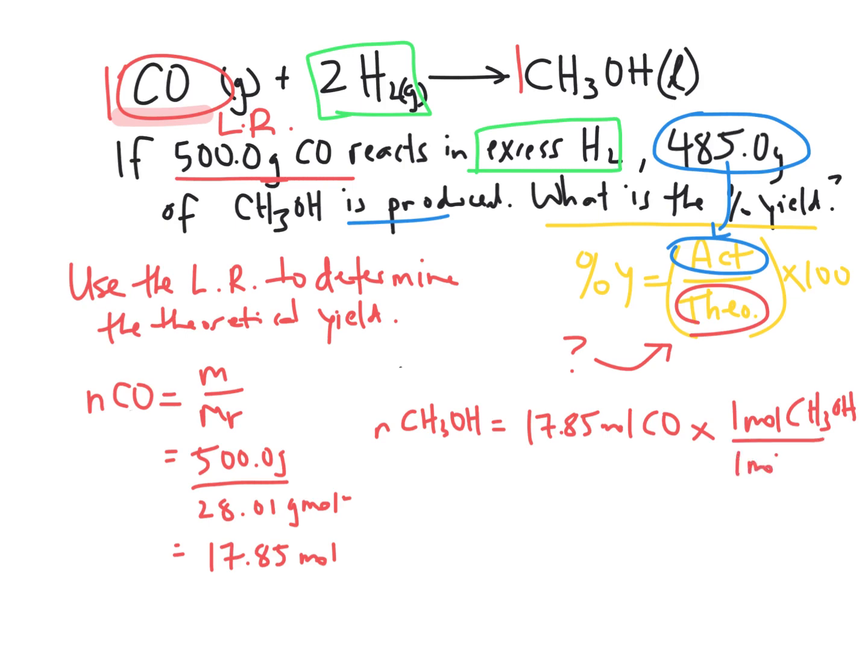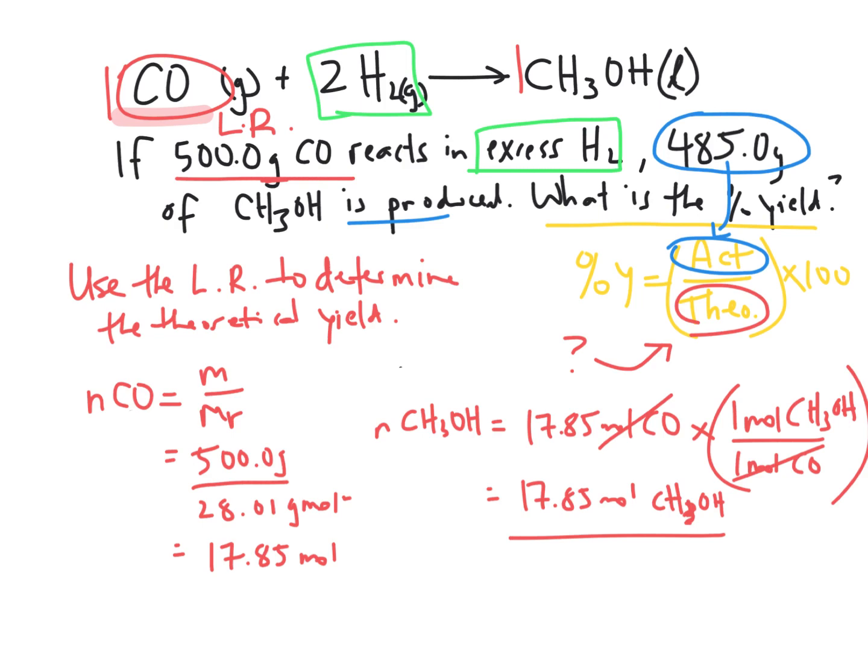Just to show you that the units work and to get you in the habit of doing the right thing. There we go. Cross those out, and you're going to get 17.85 moles of your desired product, obviously. So this is one way to express the theoretical yield. Okay, so we've got it there in moles.